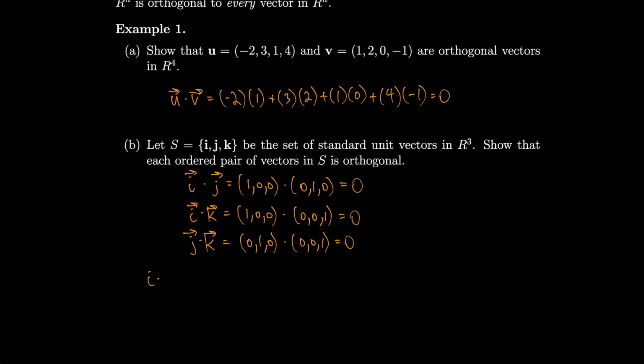Remember, i dot j being 0 is the same as i dot k being 0 by above, is the same as j dot k being 0, is the same thing as saying that j dot i, k dot i, and k dot j equal 0, because the dot product is commutative. It doesn't matter the order we multiply components in.